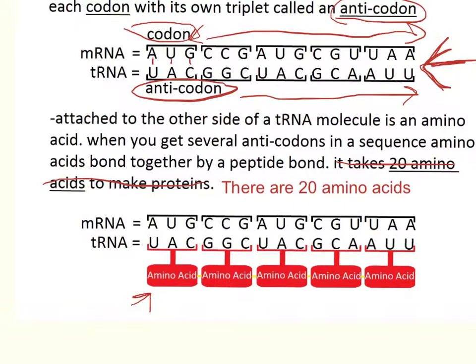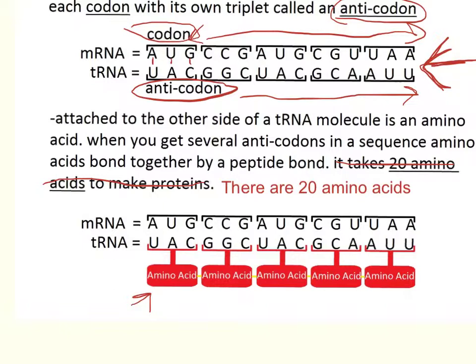There are 20 amino acids, and those code for proteins. So the protein isn't 20 amino acids. It could be 7, it could be 50, it could be 12, it could be any series of numbers that make it a 3D shape. But there are only a total of 20 amino acids.